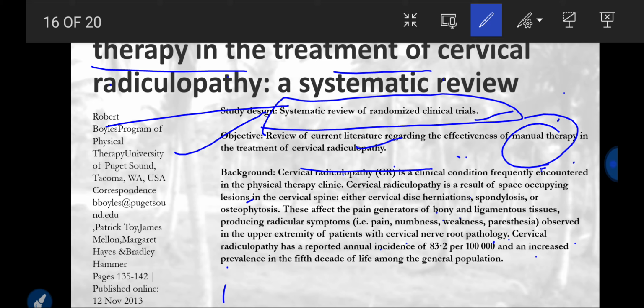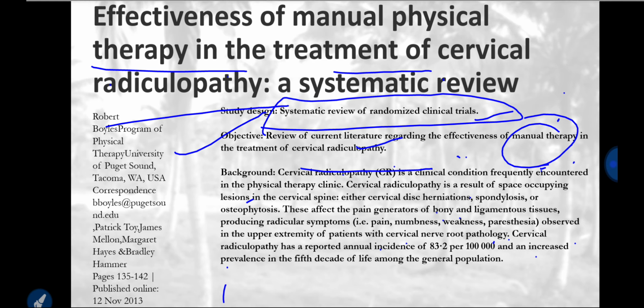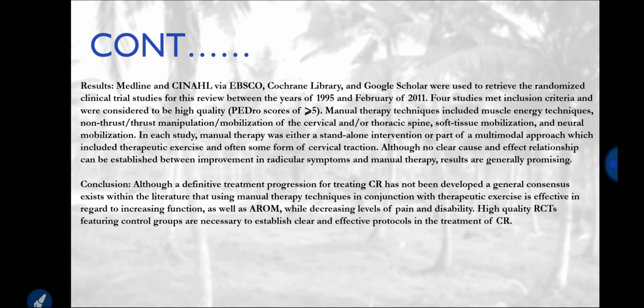So they included the research, and they found that four research met the inclusion criteria, and on the basis of that they found a conclusion: a definitive treatment progression for treating cervical radiculopathy has not been developed.